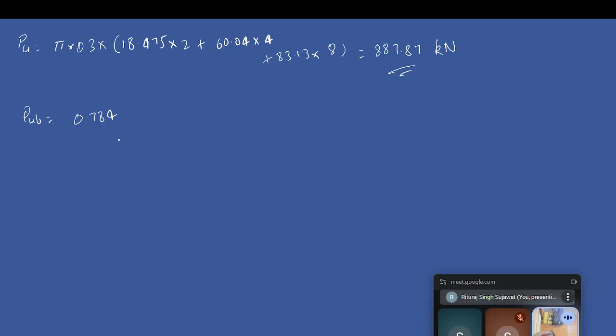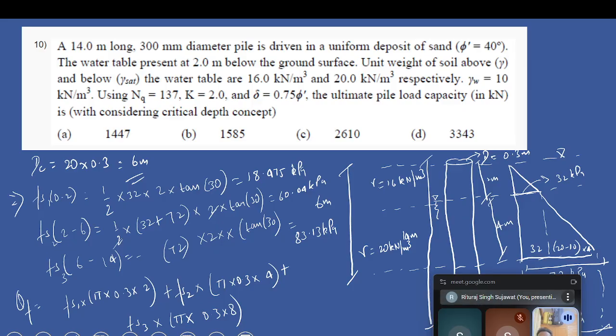Now moving to the base resistance which we need to calculate. So pi by 4 d square, area 0.07, 0.3 square. Then we need to multiply it with the C and Q. The stress which is available at the base is 72, and then we need to multiply it with the NQ.